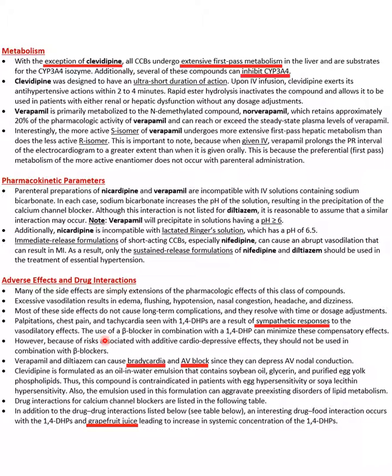Another way to avoid this side effect is by giving beta blockers, but however, the use of beta blockers can further depress the heart, and so it should not be used with the calcium channel blockers.